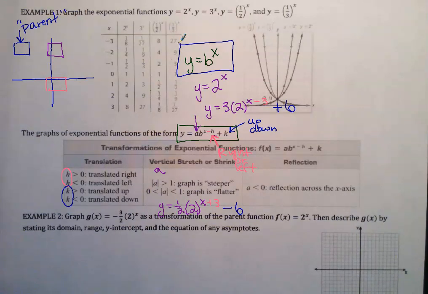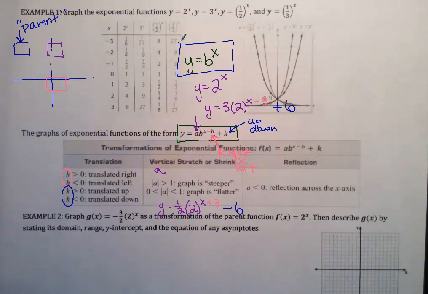So, how do we know how much steeper or how much flatter it is? When we solve these, I'm going to show you in example 2. The steepness and the flatness, we do have to take a and b into consideration.